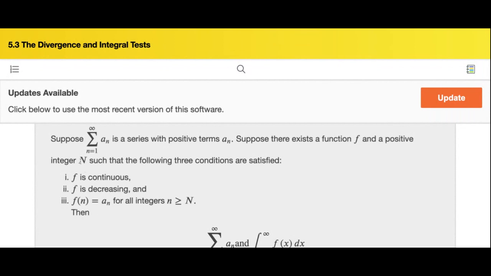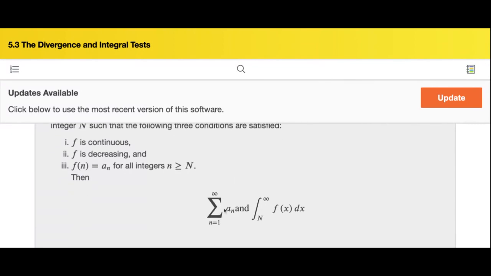So this big N means we can ignore finitely many terms. Maybe the first 100 terms don't work, but we can truncate them. So this capital letter N functions like that. It means we can ignore finitely many terms.